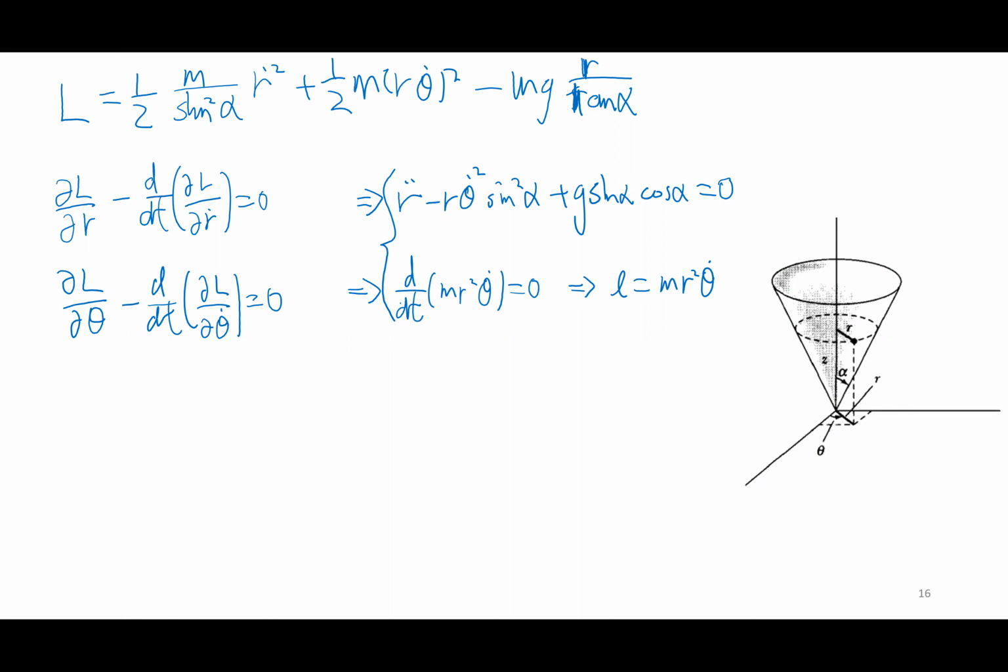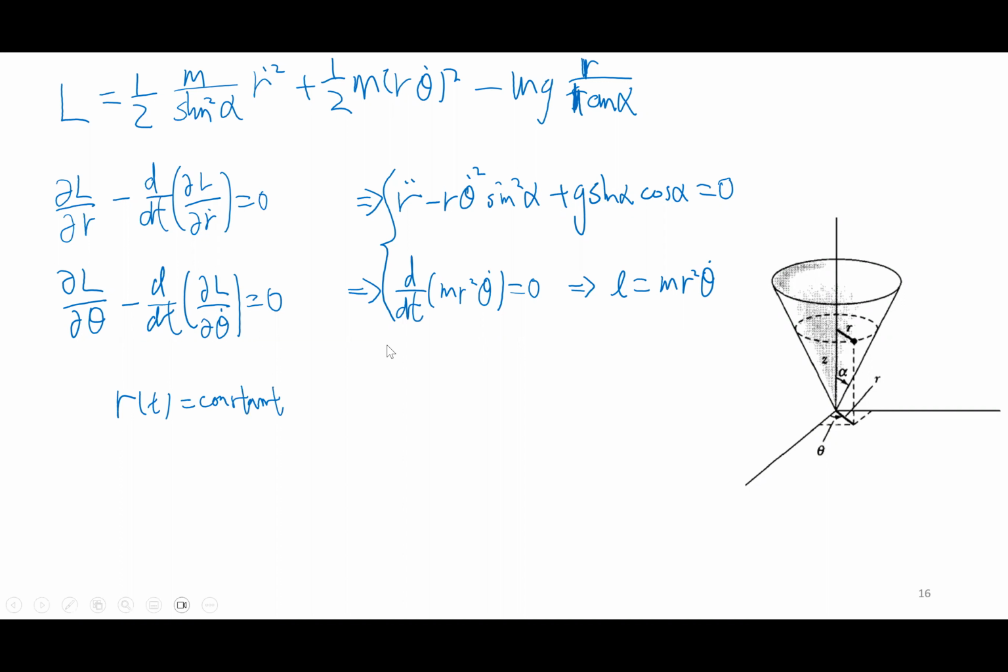Now, if you want to actually consider the circular orbit only, you can also do that by considering the equation of motion we just obtained. If you want to consider circular orbit, that means r of t is constant.